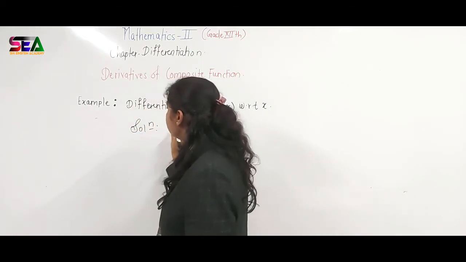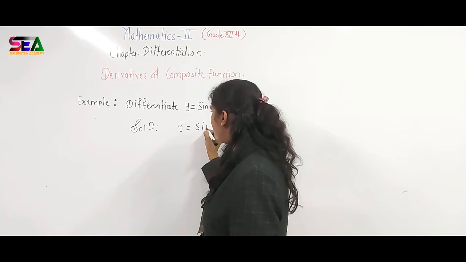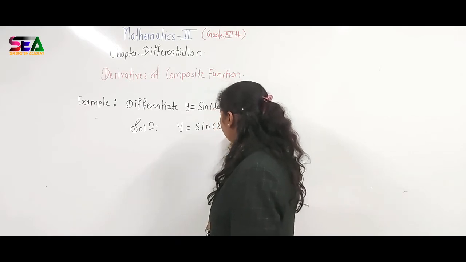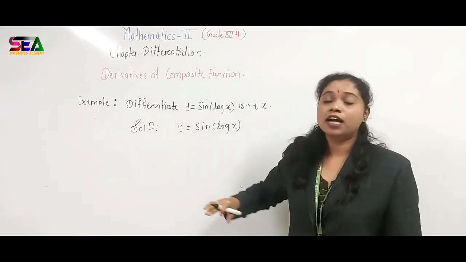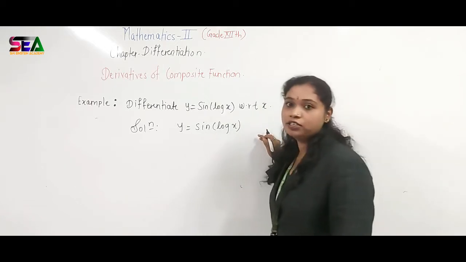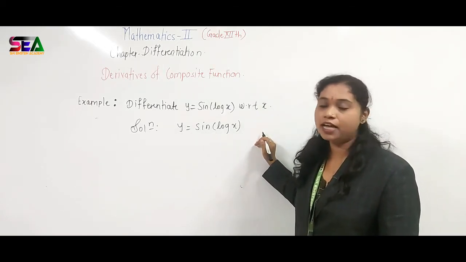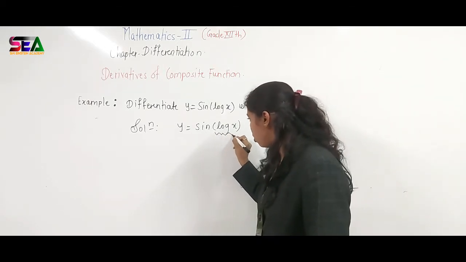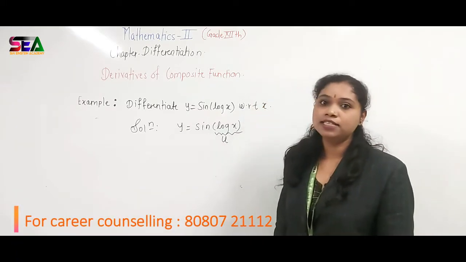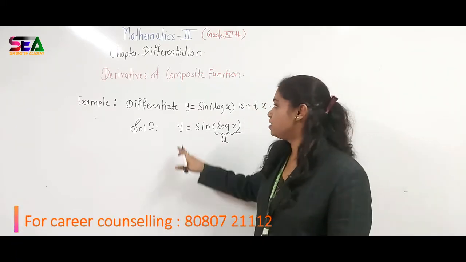The solution: y equals sin of log x. For the chain rule, the complete innermost function is assumed as u. Here the innermost function is log x, hence it is assumed as u.